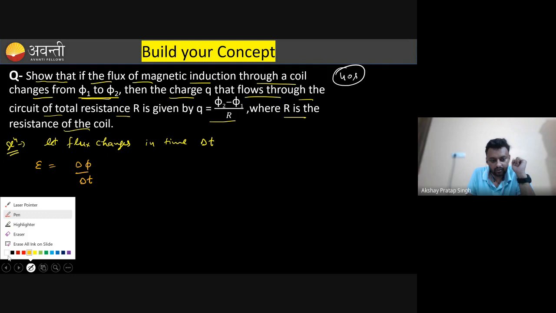Then what is the charge transferred? What is the relation of current? You know that I equals Q over t. So Q equals I delta t. In the delta t time, I want to calculate the charge flow. I should put the magnitude.